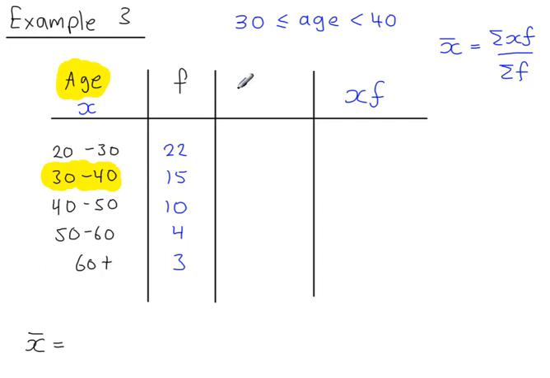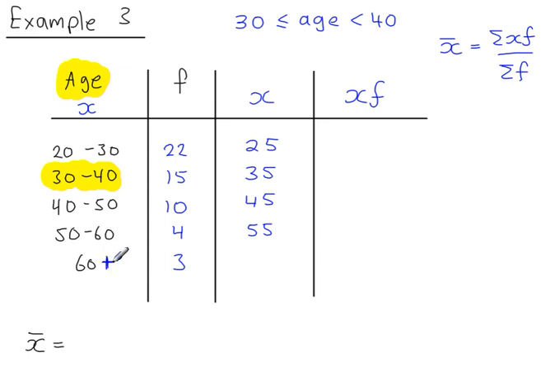So 20 to 30 has a midpoint of 25, 30 to 40, 35, 40 to 50, 45, 55, and we're stuck for the last one because it says 60 plus.